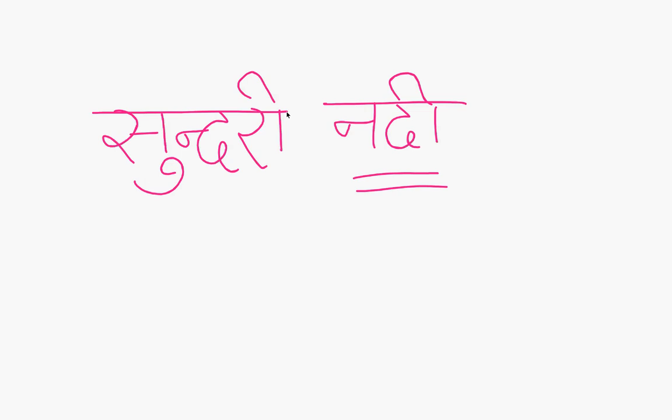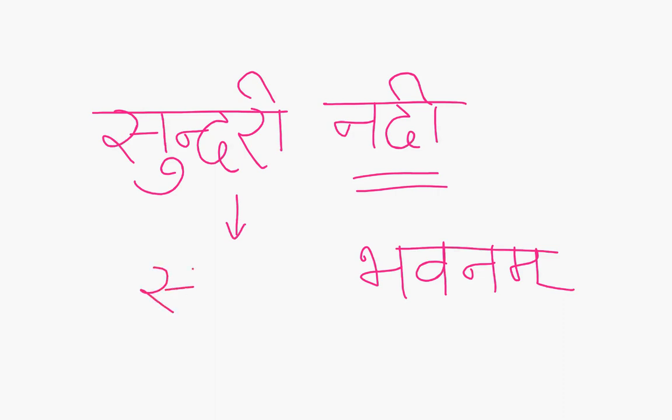And also an example for the Napunsaka, let's say Bhavanam. Bhavanam means building. It's Napunsaka, so Sundara becomes Sundaram here, in the Prathama Vibhakti, Napunsaka ekavachanam. This becomes Sundaram Bhavanam.